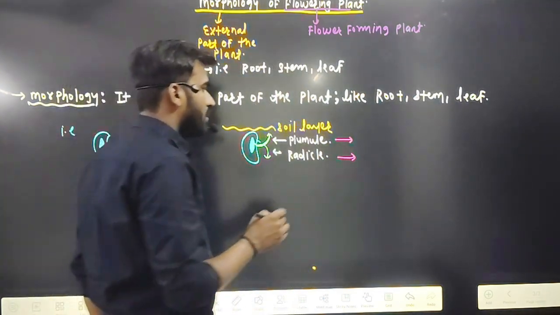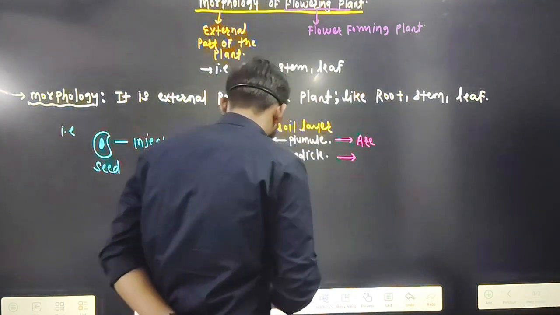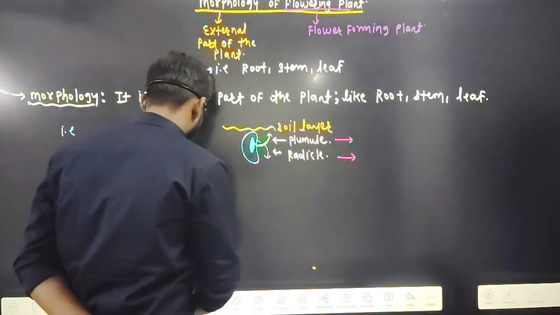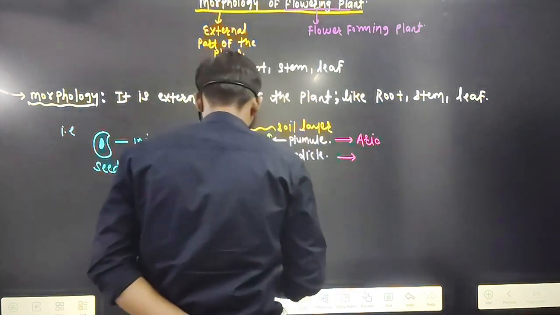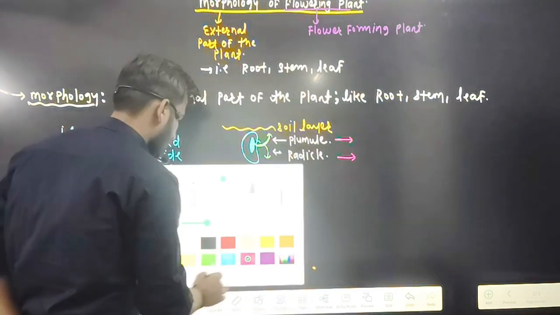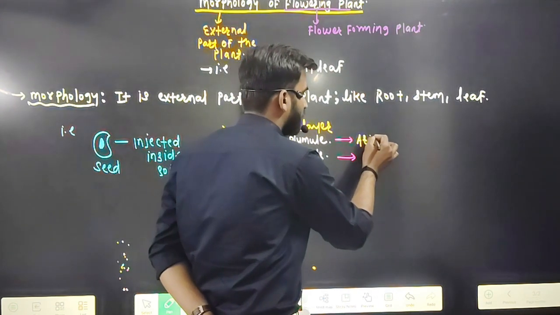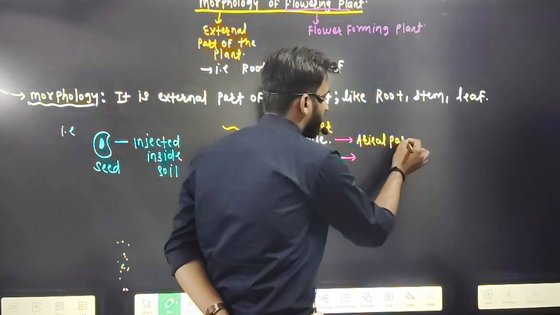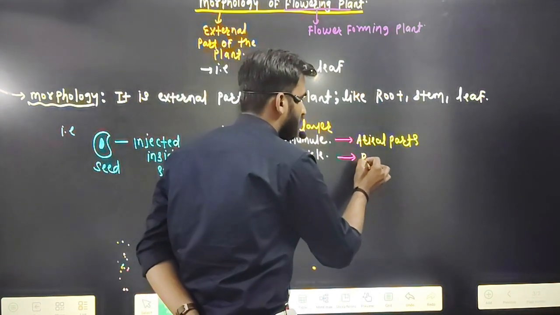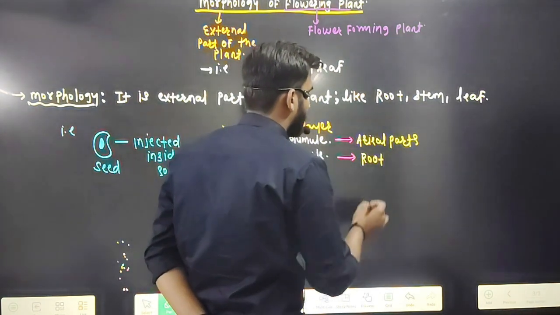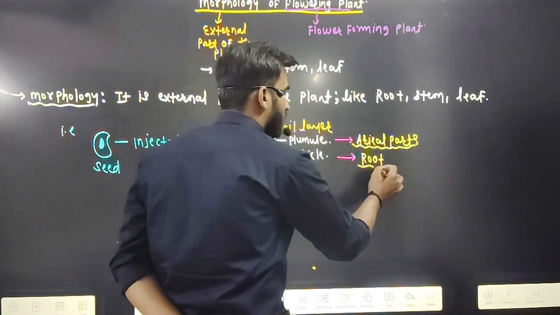So dear student, understand, the plumule is responsible for the formation of the aerial parts, and the radicle is responsible for the formation of the root. It forms the aerial parts and it forms the root.